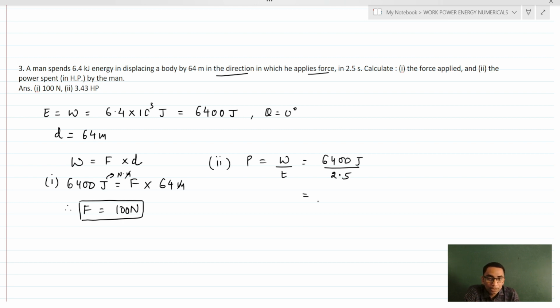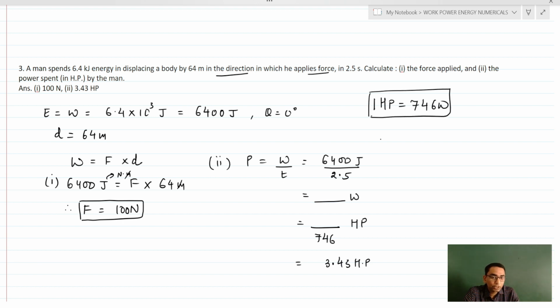You will get your answer in watts, and the same answer in watts divided by 746, you will get in horsepower, and this answer you will get as 3.43 horsepower. Why is it like that? Because 1 horsepower is approximately equal to 746 watts. This simple calculation I am leaving to you guys. I think you will be able to do it very well.